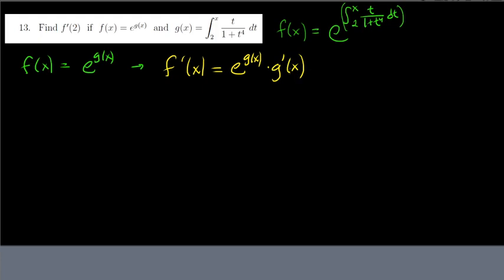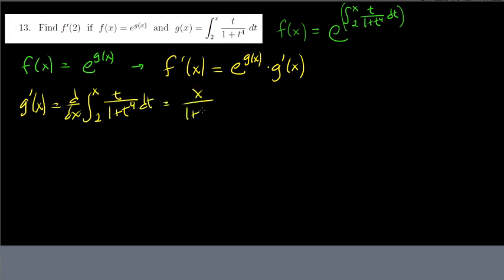And so what's the derivative of g? The derivative of g is once again by the second fundamental theorem of calculus. You see a pattern here, right? We've had to use that quite a lot here. This is just going to be x over 1 plus x to the 4th. Okay. So in the end, we just get e to the g of x times x over 1 plus x to the 4th.